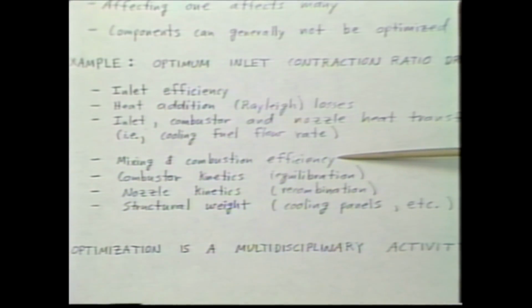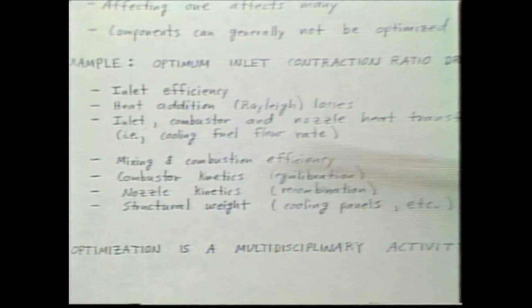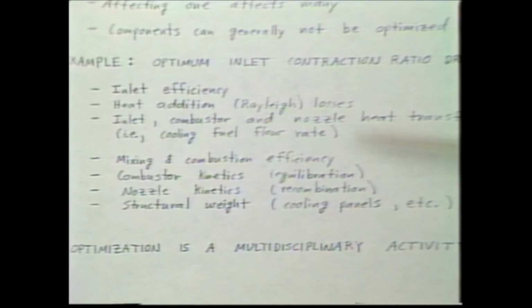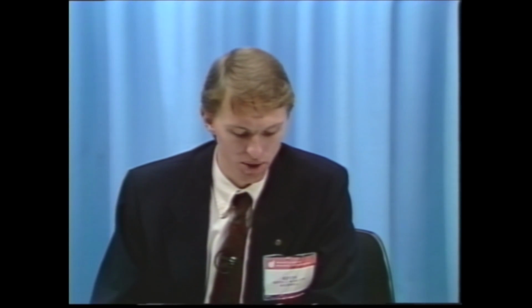The farther the walls are apart, the harder it is to get fuel and air to mix. Combustor kinetics, that's equilibration. Nozzle kinetics, higher temperatures mean more dissociation, more losses there. And structural weight of cooling panels. All those things have to be considered just to determine what the optimum contraction ratio is. Bottom line, optimization is a multidisciplinary activity.